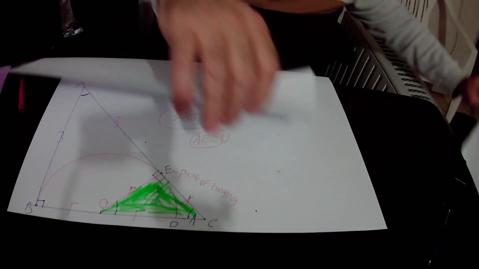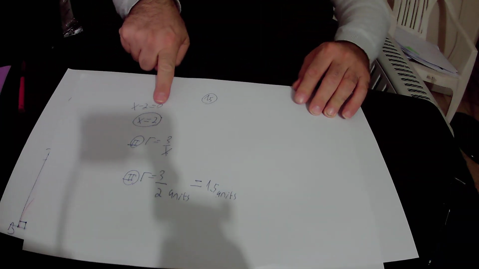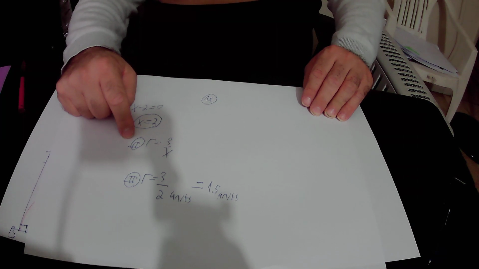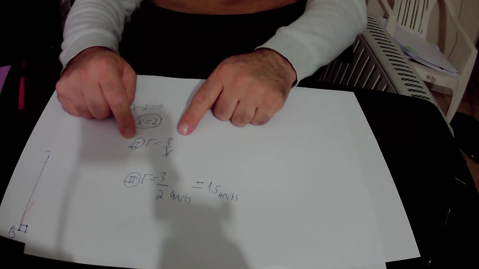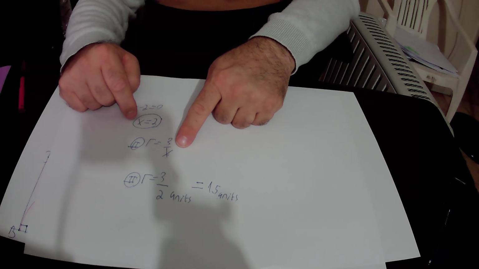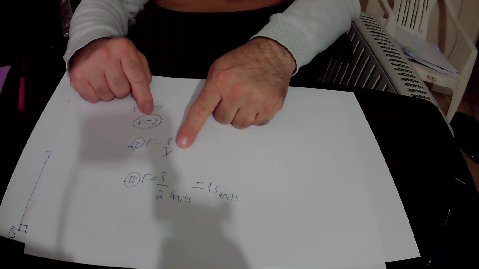So if x minus 2 equals 0, then x equals 2. But we have already found that according to equation number 2, r equals 3 over x. So we can substitute x by 2, because we have already found that x equals 2.